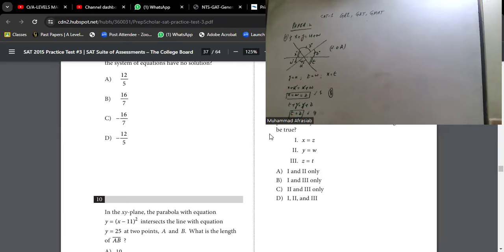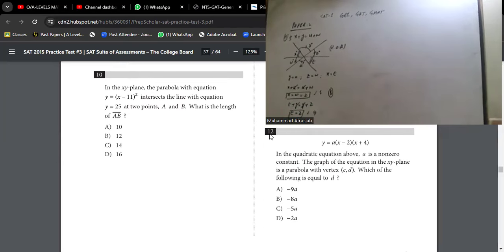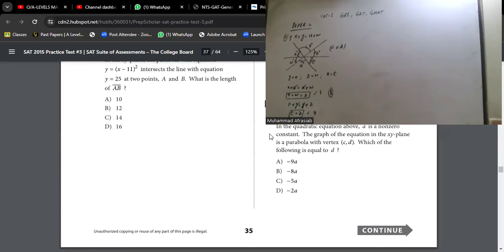Then question number 12. In the quadratic equation, above A is a non-zero constant. The graph of this equation in the xy plane is a parabola with the vertex as C and D there. Which of the following is equivalent to the value of D there?